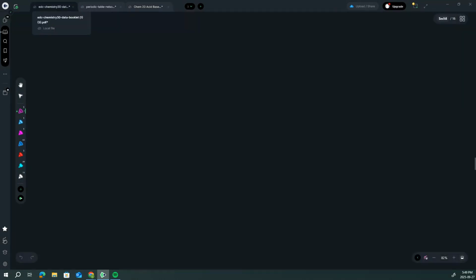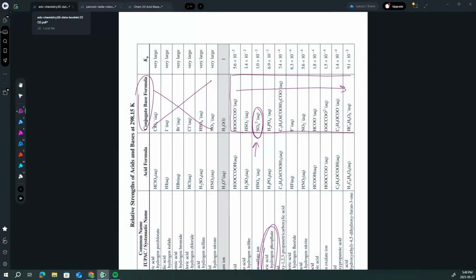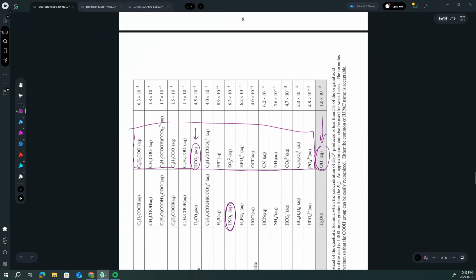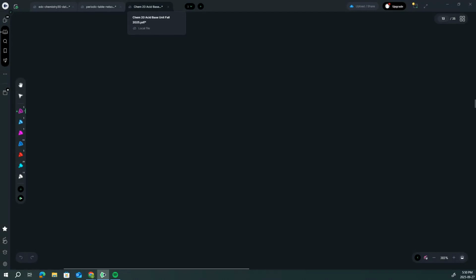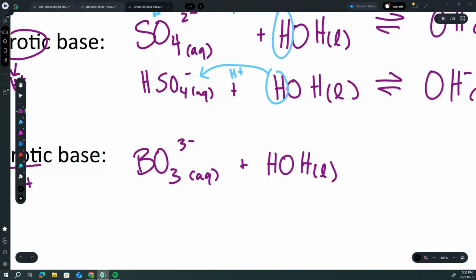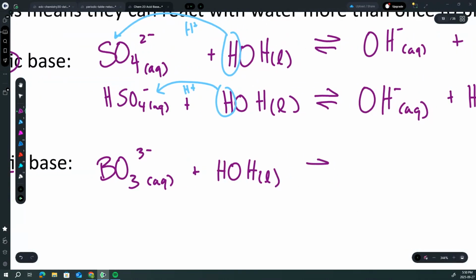So borate ions, well, actually, we're not going to find it in our data booklet. However, we can assume, since there's no hydroxide in it, that it is a weak base. So that's why I can still write the double-headed arrows.